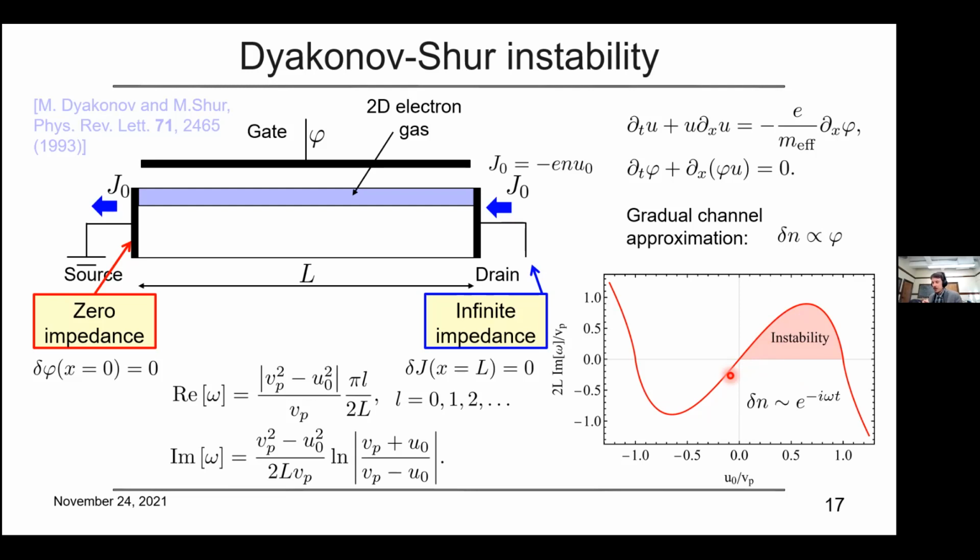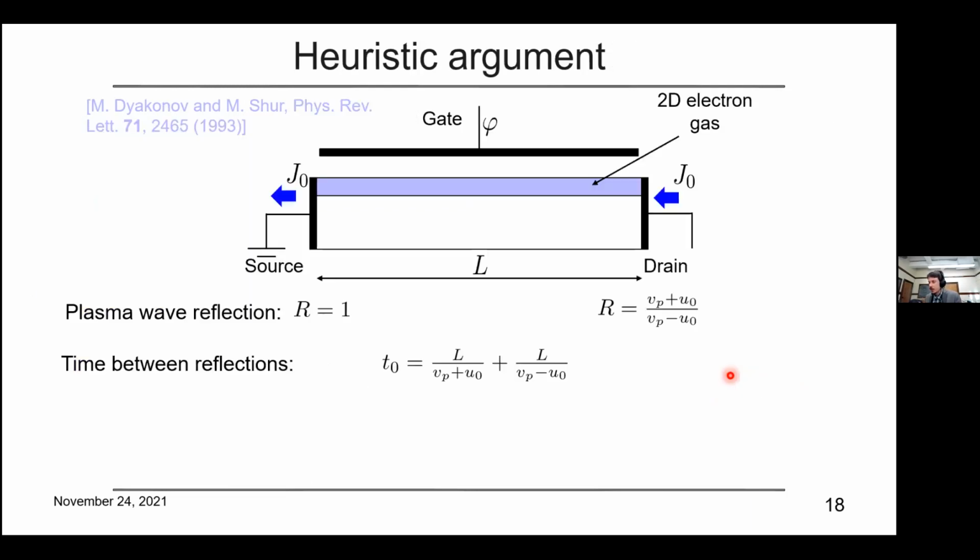Furthermore, this plasmon instability has a very interesting and simple explanation. Therefore, I would like to briefly outline it. So the system that I just discussed before can be understood as an electron plasma subject to two mirrors.